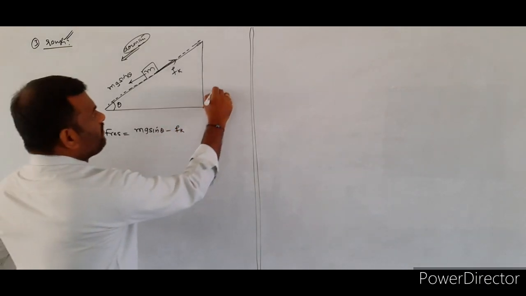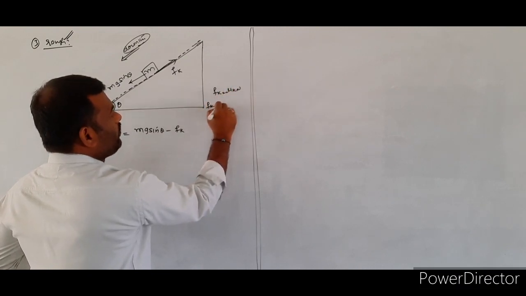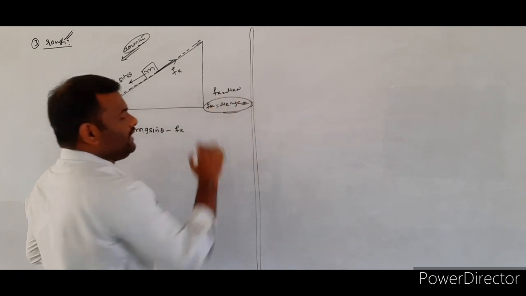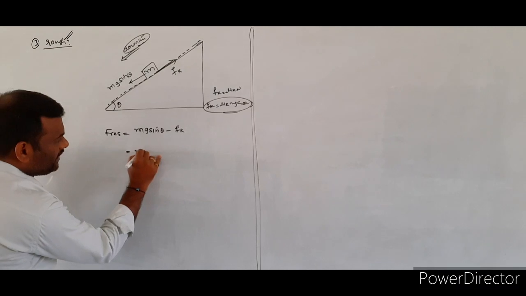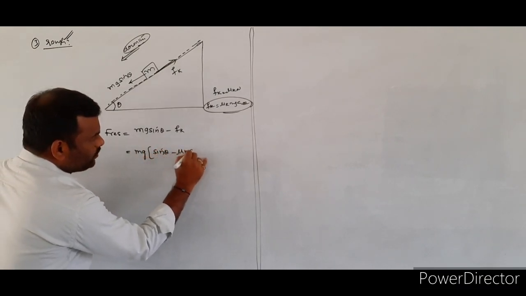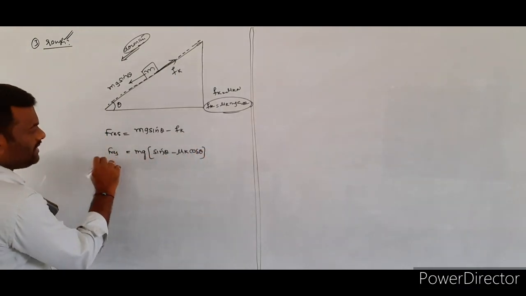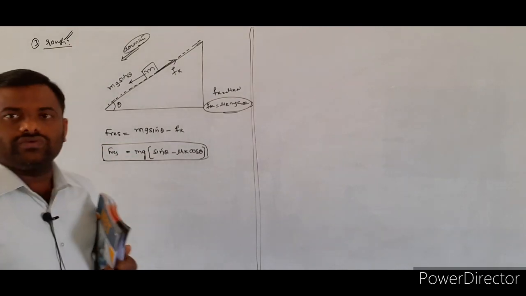Already you know that frictional force is equal to mu k into N, which is mu k mg cos theta. So, taking mg as the common factor, F resultant is mg into sin theta minus mu k cos theta. This is the resultant force acting on the body moving in the downward direction.